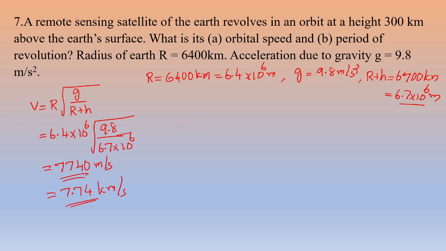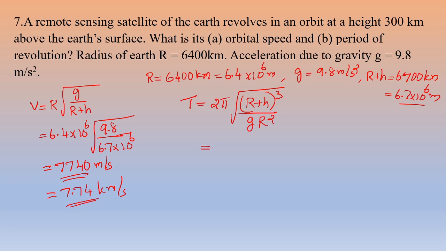Now the period of revolution. We have the formula: capital T is equal to 2 pi into square root of r plus h whole cube divided by small g r square.